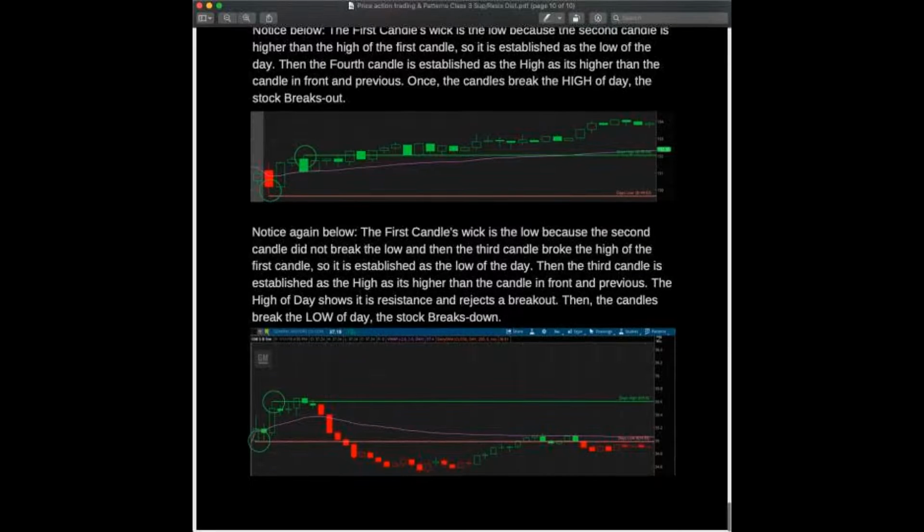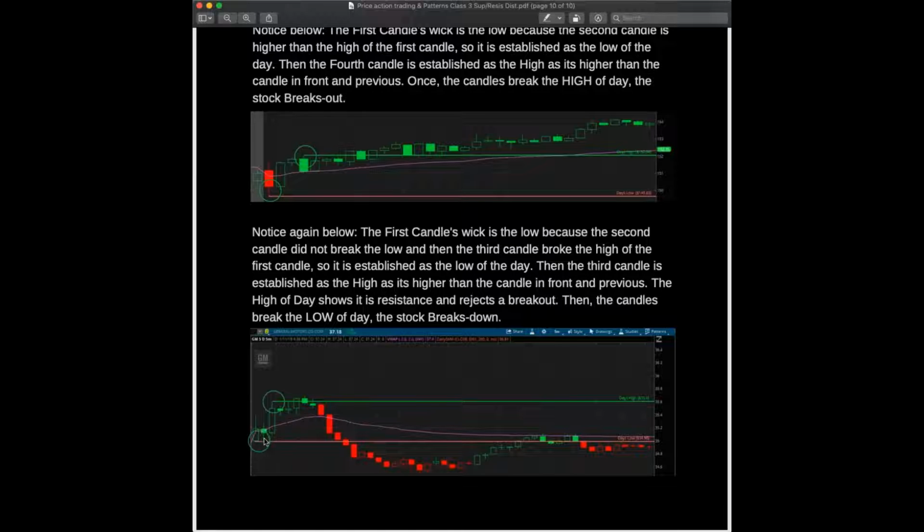All right. So here, notice again below, the first candle's wick is pretty high, and the second candle's wick is lower, but also the second candle doesn't break the low.